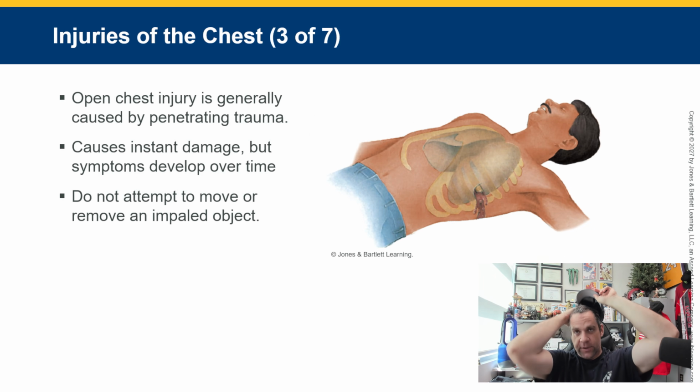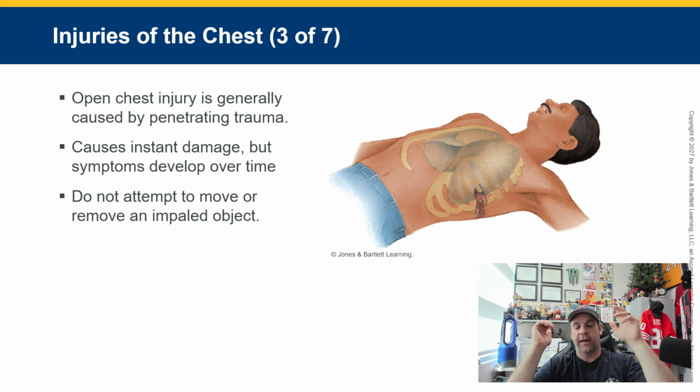Now, an open chest injury occurs when the chest wall itself is penetrated. That penetrating object could be a knife, a bullet, shrapnel, or just any type of object that impales the chest. The initial damage occurs at the moment of penetration, but again, the patient's condition could continue to worsen as those damaged vessels continue to bleed, or if air gradually accumulates inside the chest cavity.